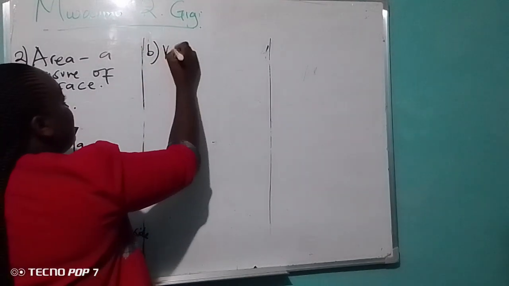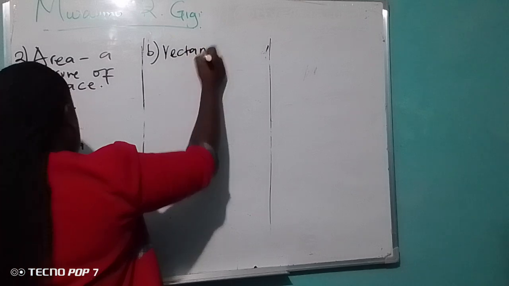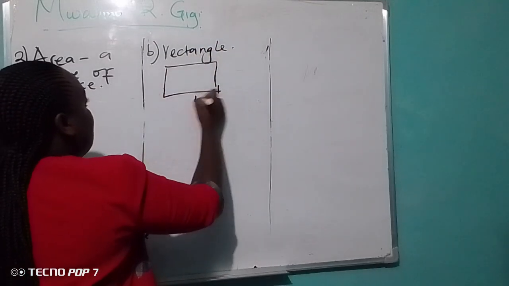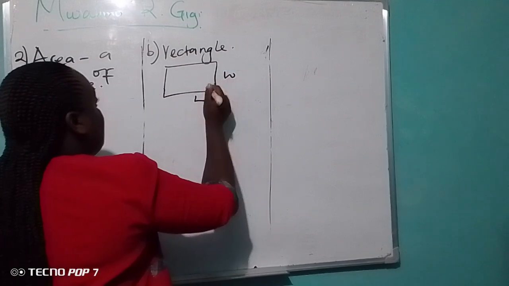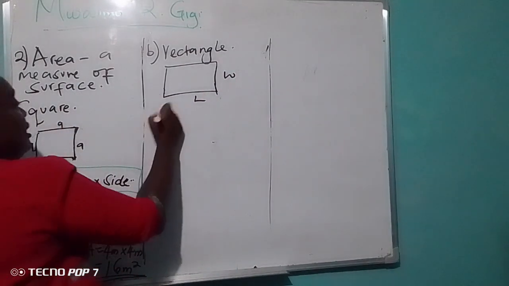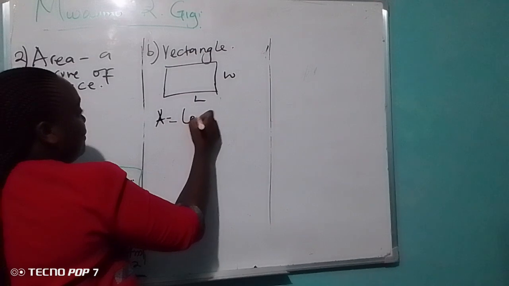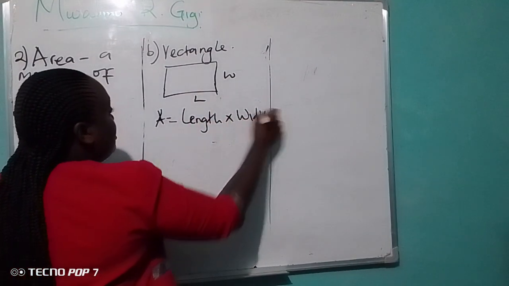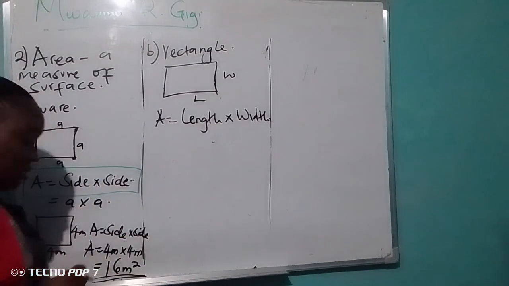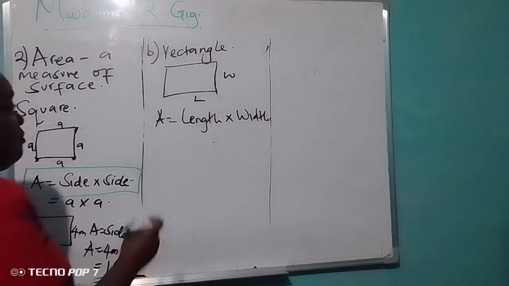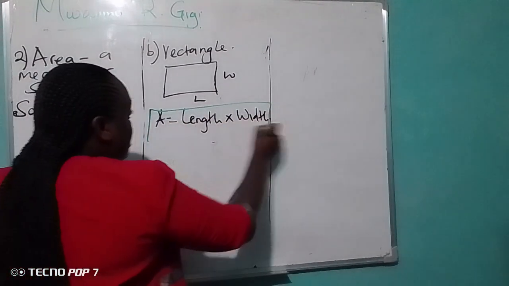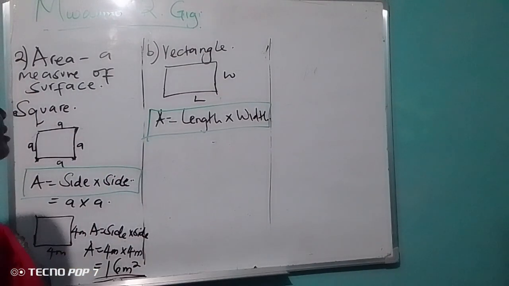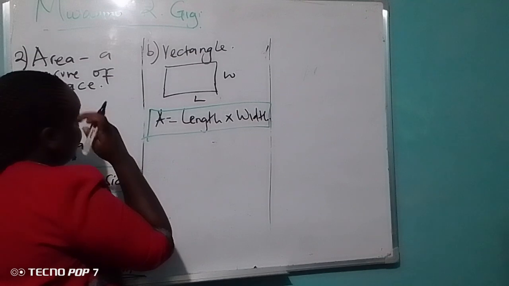B is a rectangle. Length, width. Area of a rectangle is length times width. So hiyo tu ni your formula, length times width.